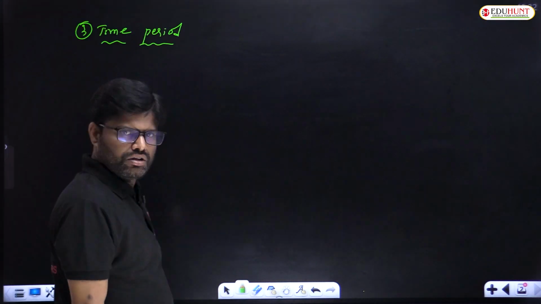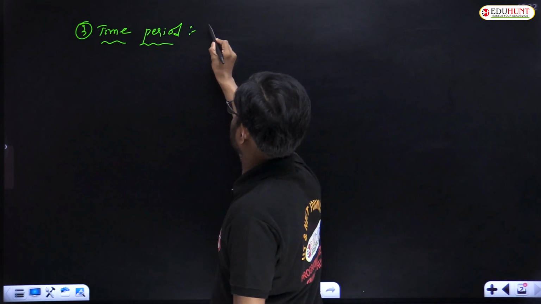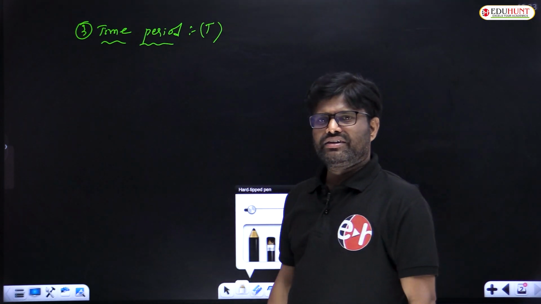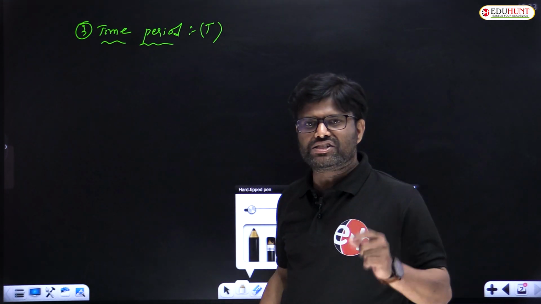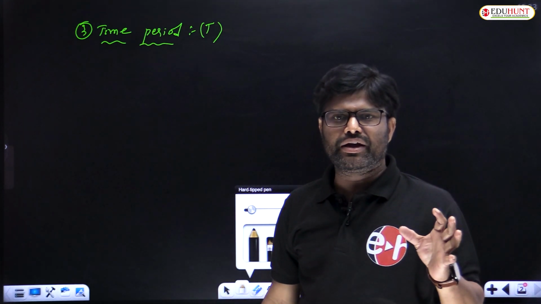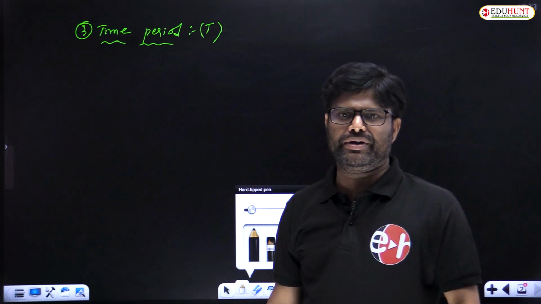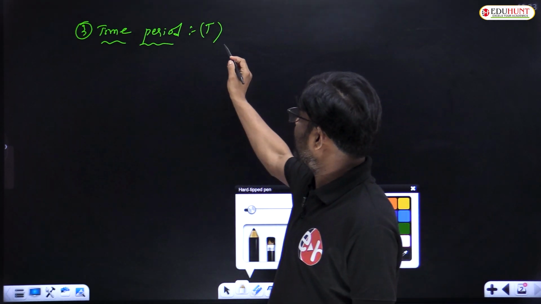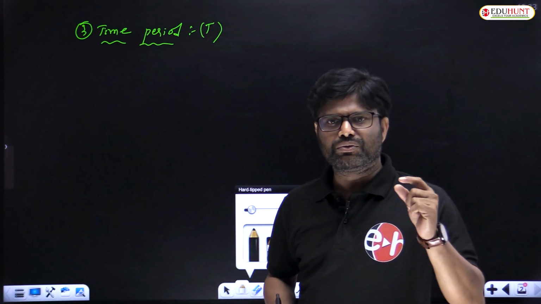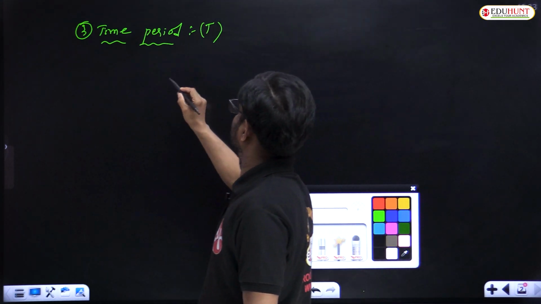Time period. Next, the third one is what? Time period. It is denoted by capital T. So what is time period here? Time taken by a wave to pass through a particular point is called time period.